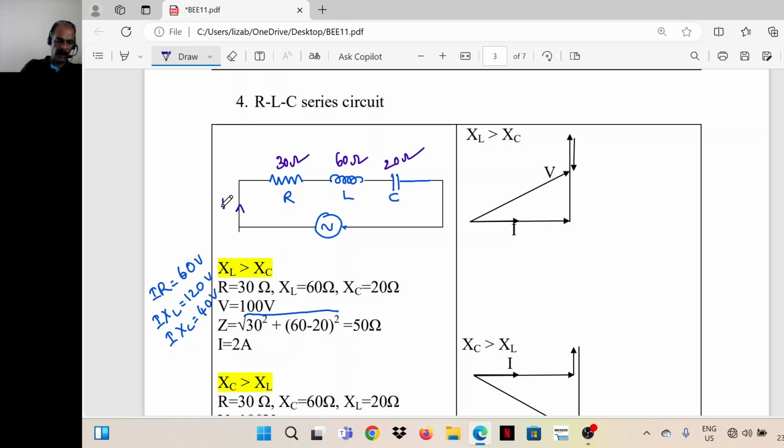Let I be the current through it. Some values I have taken: V is equal to 100 volts.